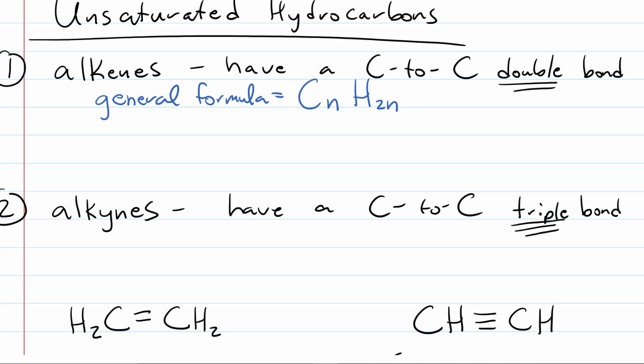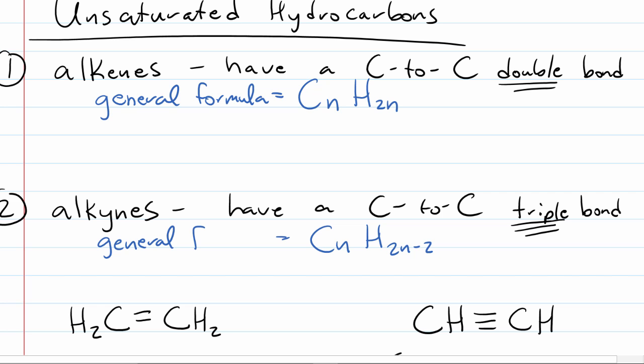Its general formula is going to be CnH2n minus 2. And again, that's because each additional bond between carbon atoms takes away the ability for 2 hydrogens to be placed in there.